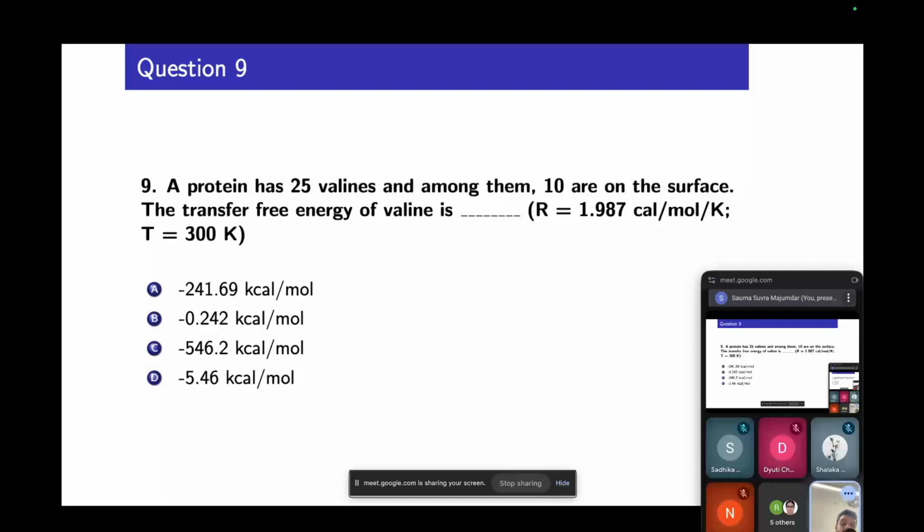Here you have to use the Gibbs free energy formula, del G equal to negative RT log of the ratio.